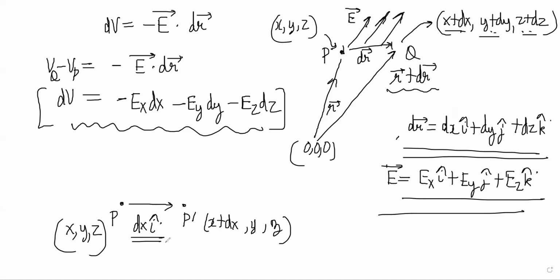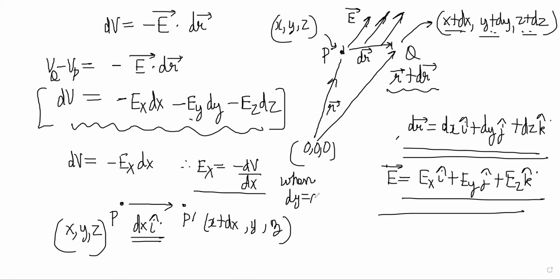So there is no dy and no dz; both are zero. In that case, the change in potential from P to P dash would be minus Ex dx. Therefore, Ex is equal to minus dV by dx in that case, when dy and dz are zero.